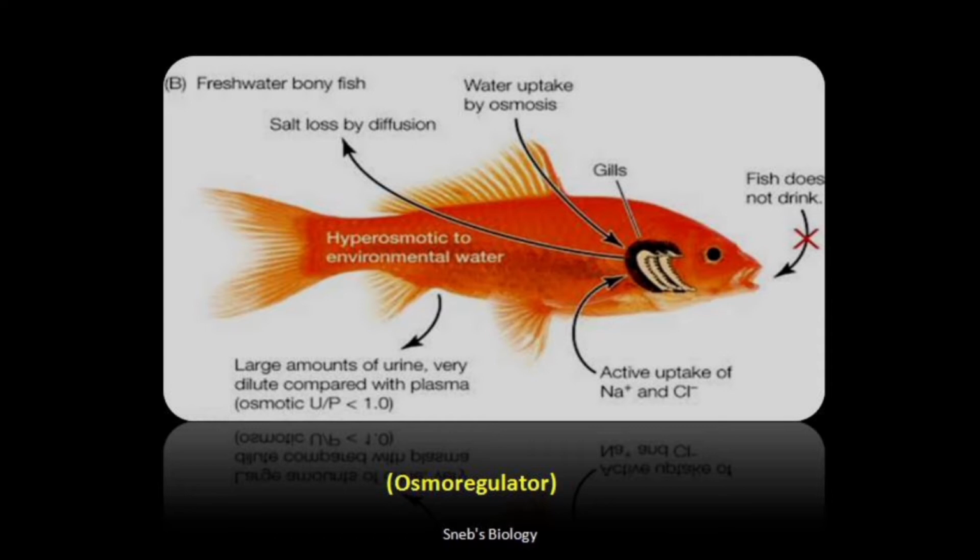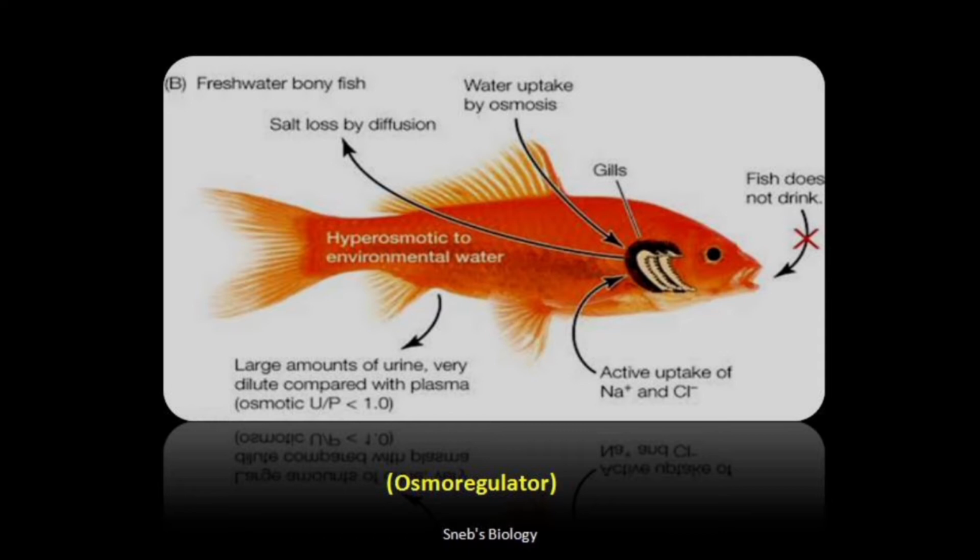Water is moving in passively, so what should be done with that extra water? It should be eliminated from the body. So they excrete hypotonic urine. This hypotonic urine will contain plenty of water, so all that water which is going in will be excreted out. And when there is so much water going in, they need not drink.